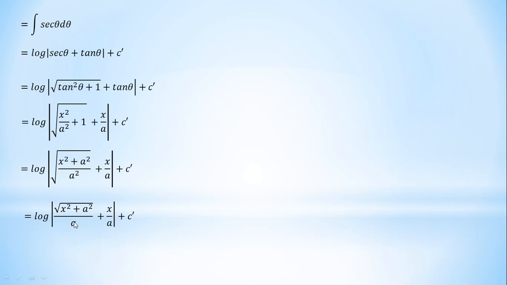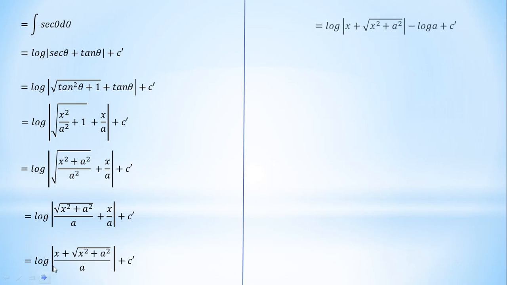Now if you observe here in the modulus sign, the denominator a is common, so you can write it as log of modulus of x plus root of x square plus a square upon a plus c dash. Now by logarithmic rule this can be written as log of modulus of x plus root of x square plus a square minus log a plus c dash.